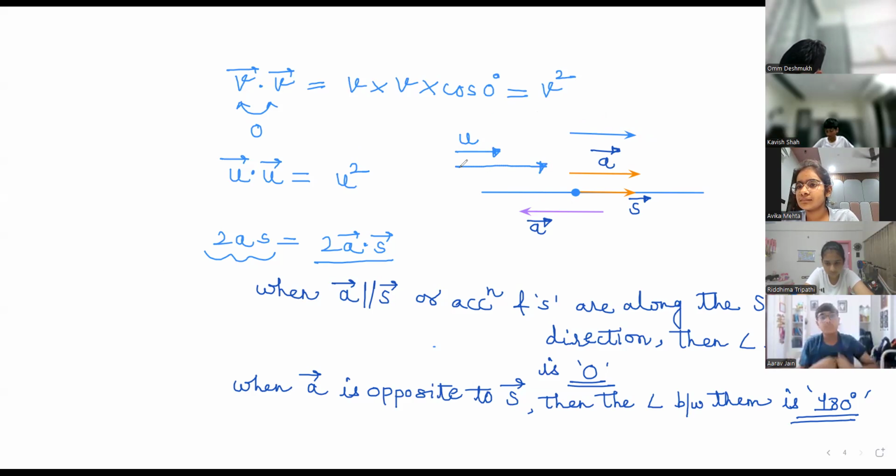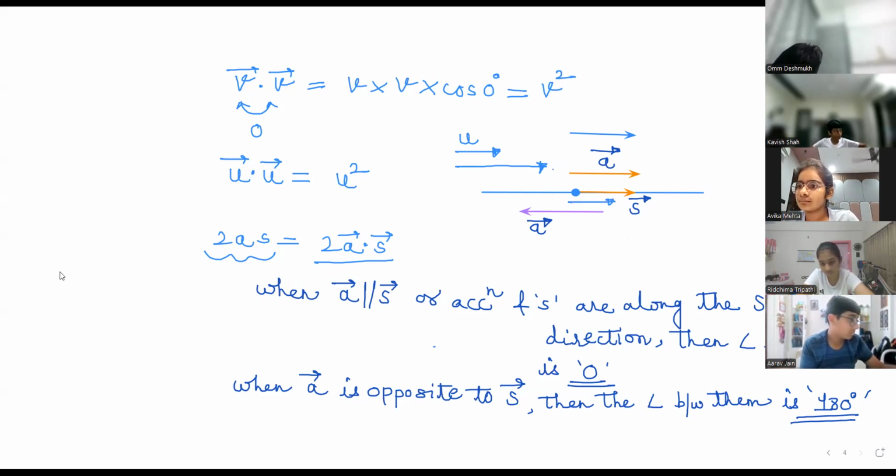Since the particle started moving along this direction, the displacement has to be along this direction, yes or no. You will get displaced in the direction in which your velocity is, right? You will get displaced in the direction of your velocity only. So obviously displacement has to be in the forward direction.